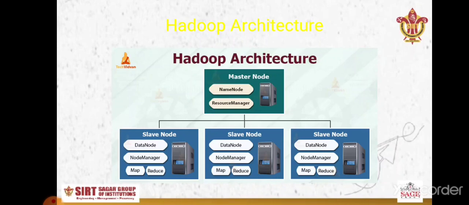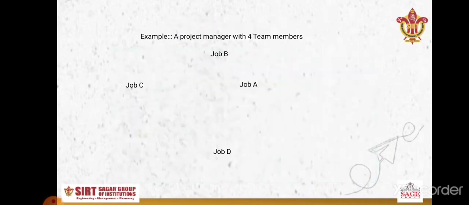This architecture has only one master node, whereas it may have 2, 3, 4, any number of slave nodes, depending upon the structure created by the organization or the platform in which you are working. The master node contains a name node and a resource manager, whereas a slave node contains a data node, a node manager, and MapReduce. All these concepts we will gradually see one by one in detail.